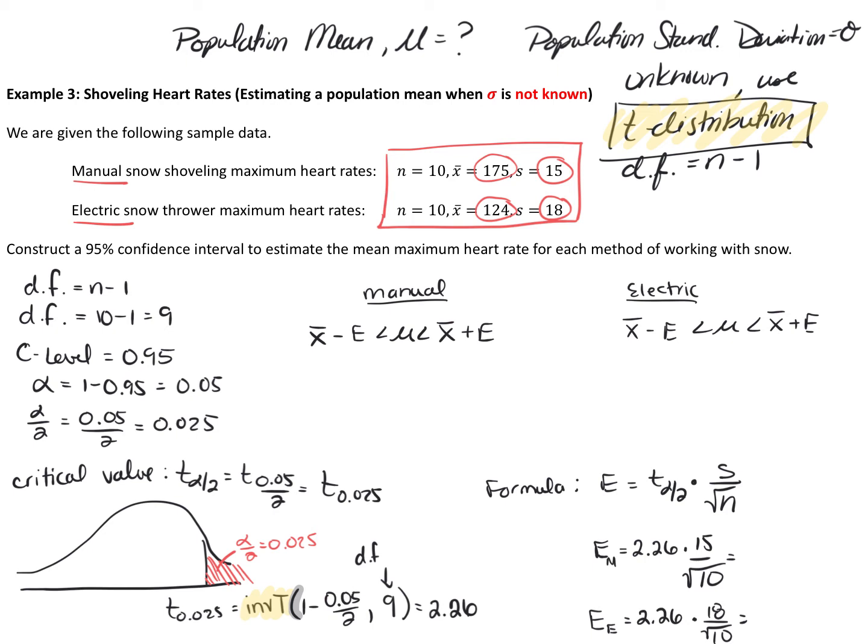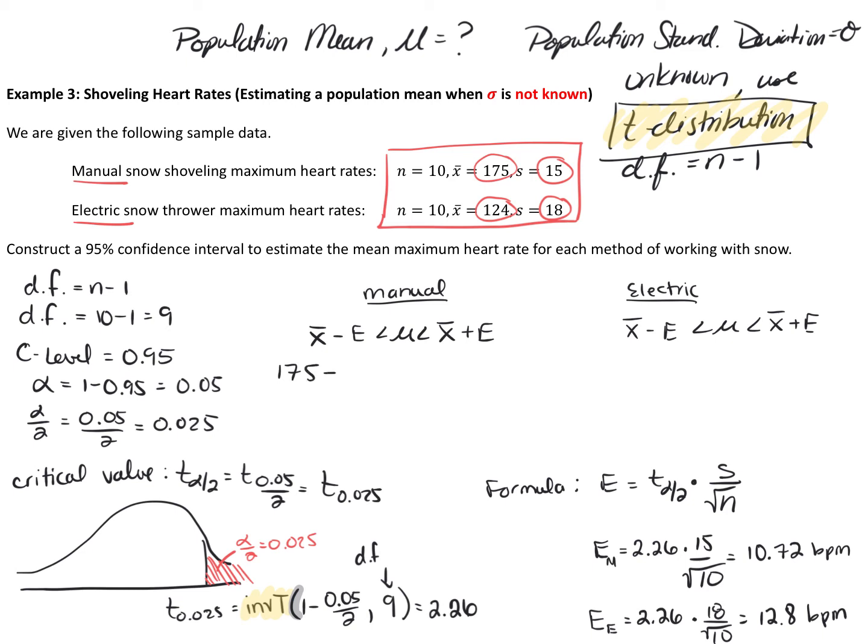Okay, so the margin of error for the manual method is 10.72 beats per minute, and the margin of error for the electric snow throwing method is 12.86 beats per minute. So now let's subtract that 10.72 from 175 for the manual method.